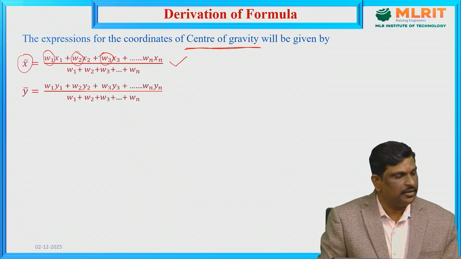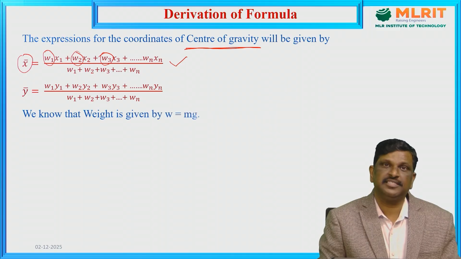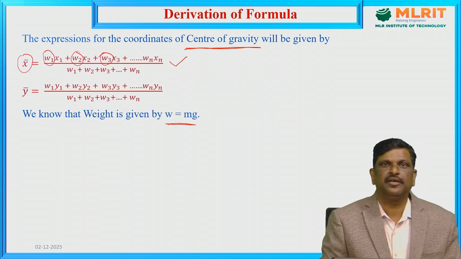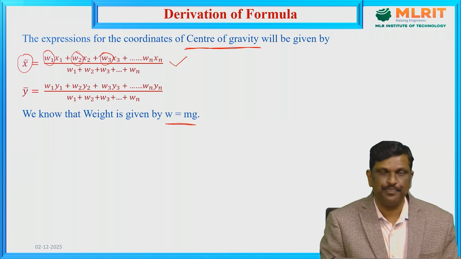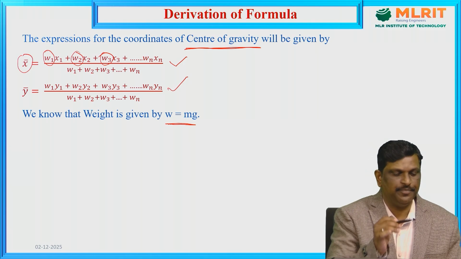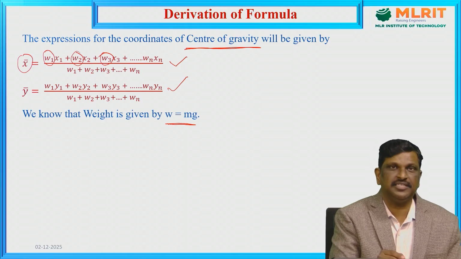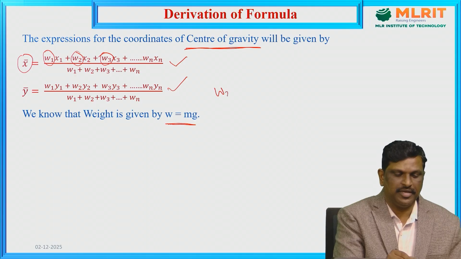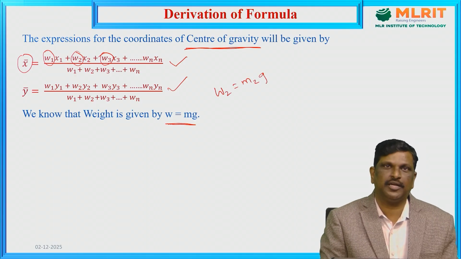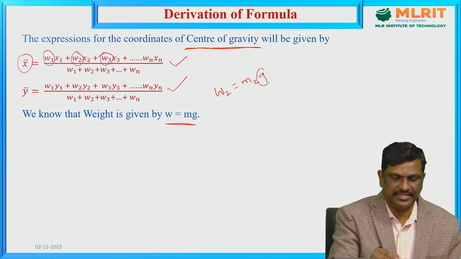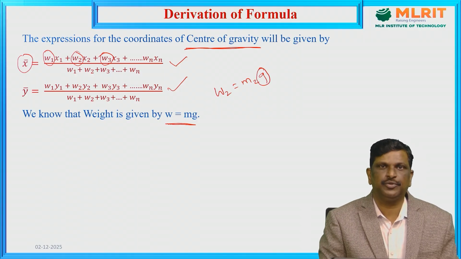See, we know that the weight is given by W equal to mg. Now replace all the weights in the equation by mg. W1 is equal to m1g, W2 is equal to m2g and W3 is equal to m3g and so on, Wn is equal to mn into g, where g is constant acceleration due to gravity.